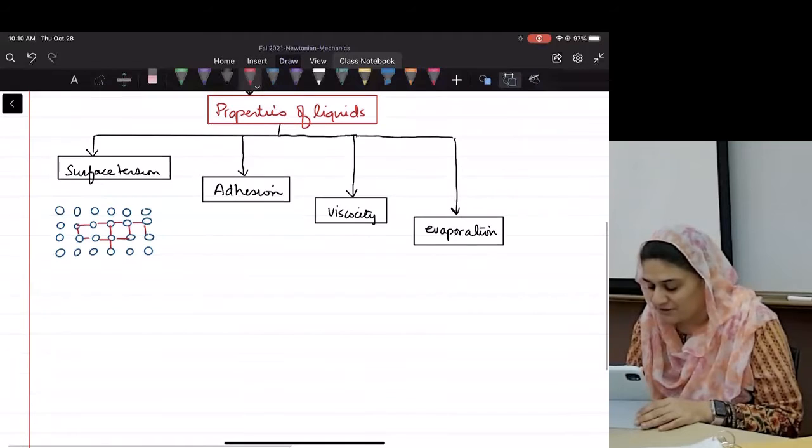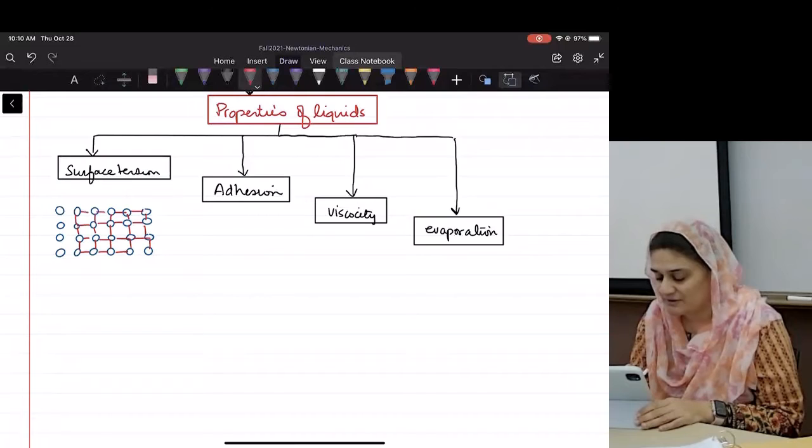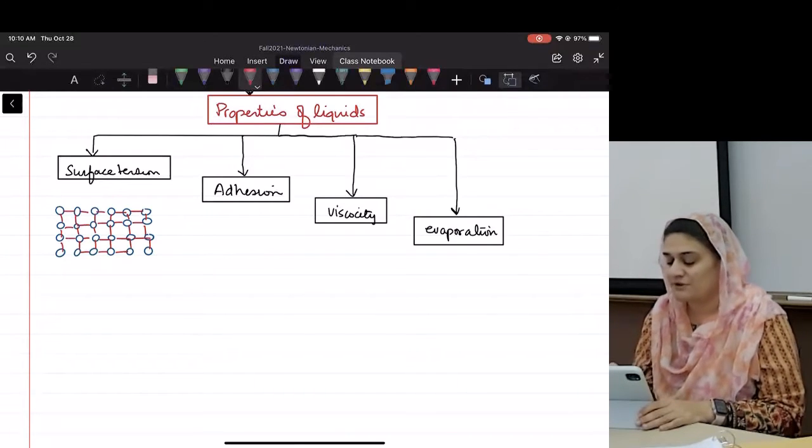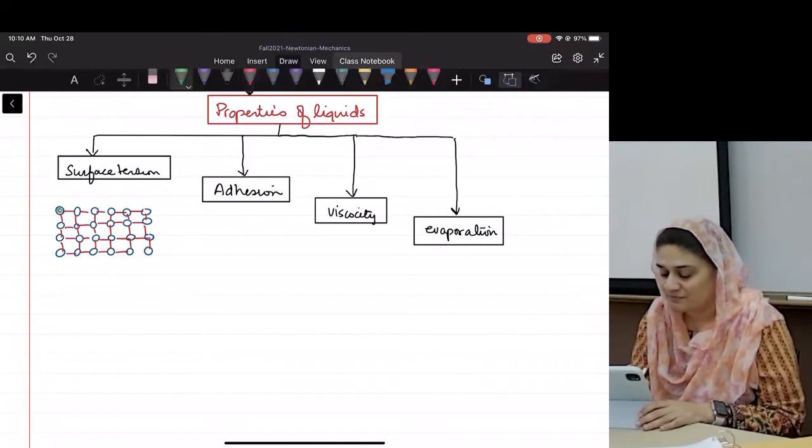And in order for this to stay a liquid, do they all have to be equal and opposite? Now what happens on the surface? There are 4 forces on every other molecule except for the ones that are on the surface.